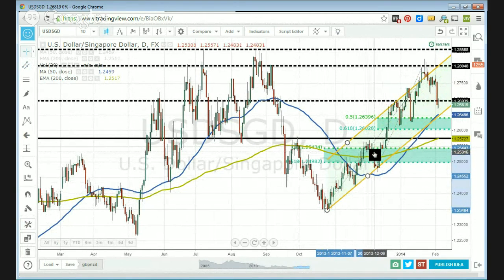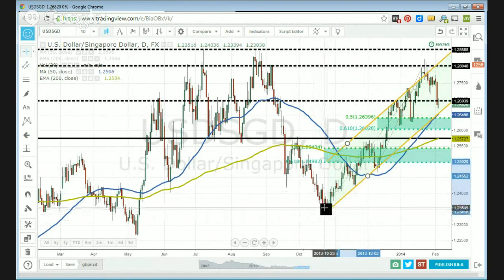I just don't think we've had enough of a pullback yet. So if we draw, especially if you look at the 50% Fibonacci from, let's delete this one. That's a major Fibonacci.